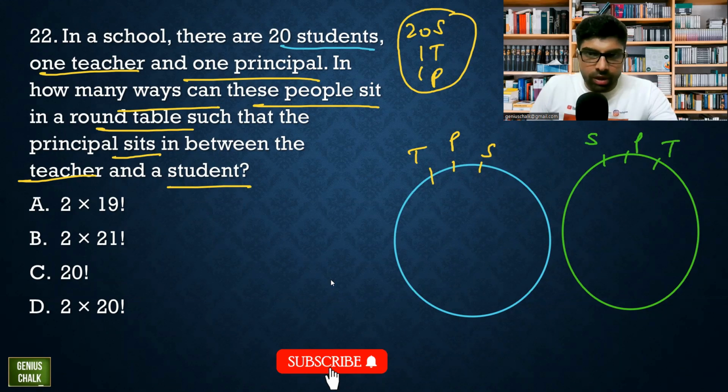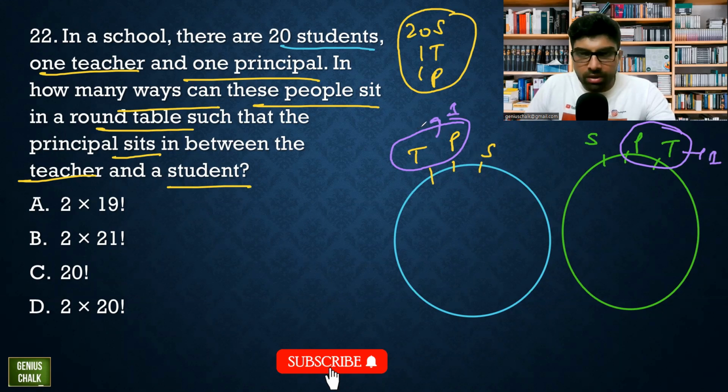So what we'll do is, we can see that this teacher and principal are together. So consider them as one unit. They can interchange their places, we'll arrange them afterwards. In a circle, the total number of ways in which n people can sit is n minus 1 factorial, because we don't know the reference point, the first point from where we have to check.